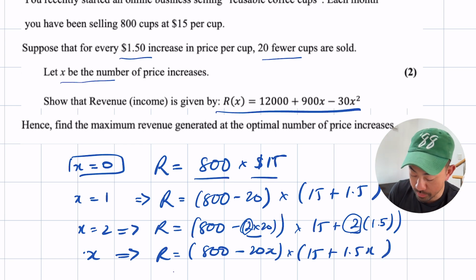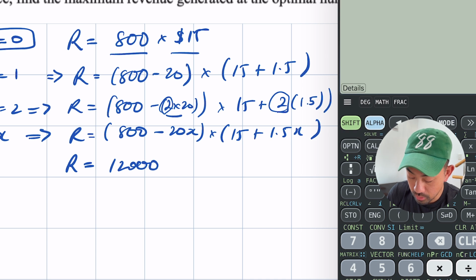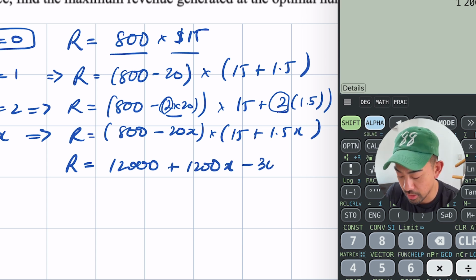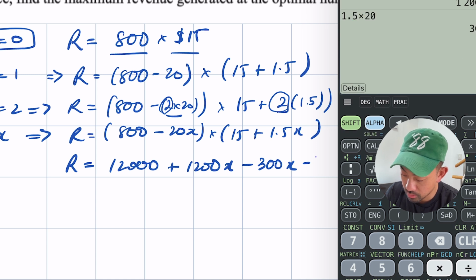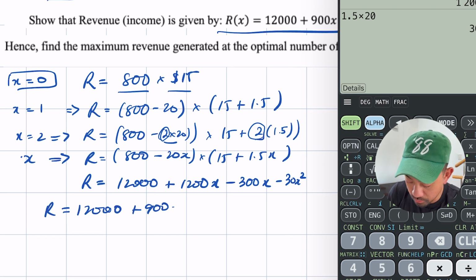Let's expand this out to get our revenue. 800 times 15 is 12,000, plus 1.5 times 800, that's 1200x, minus 20 times 15 is 300x, minus 1.5 times 20 is 30x squared. So it looks like we're almost there. Revenue is 12,000 plus 900x minus 30x squared. And I think that's what they want.